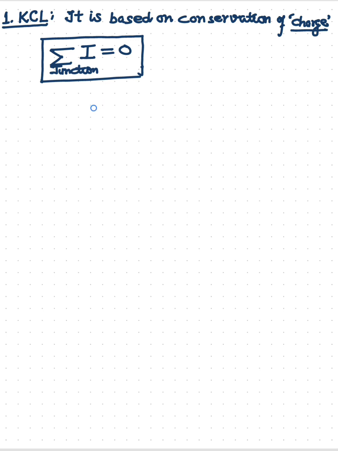Suppose this is a junction, and this is an incoming current. This is another incoming current. This is an outgoing current, and this is another outgoing current. Let me name them: this is I1, this is I2, this is I3, and this is I4.